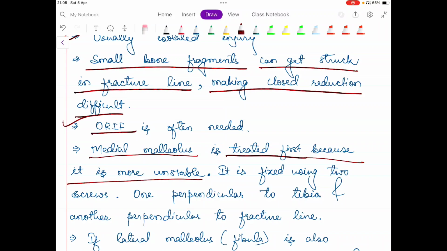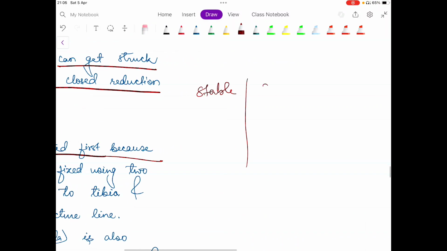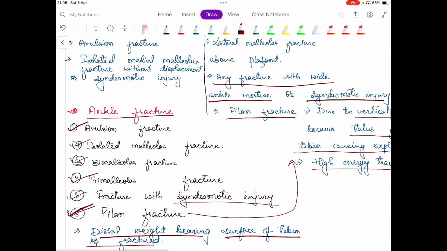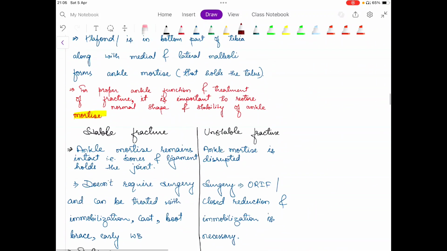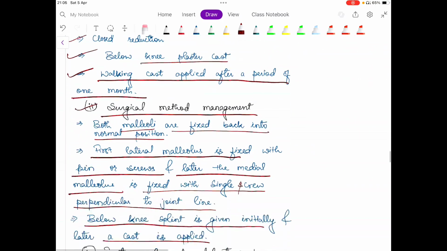And I have already discussed, by the way, what is stable and what is unstable injury in my previous video. So please go and watch that first video, where you will get knowledge about what is stable injury and what is unstable injury. The link will be given in the description box as well as the comment section.